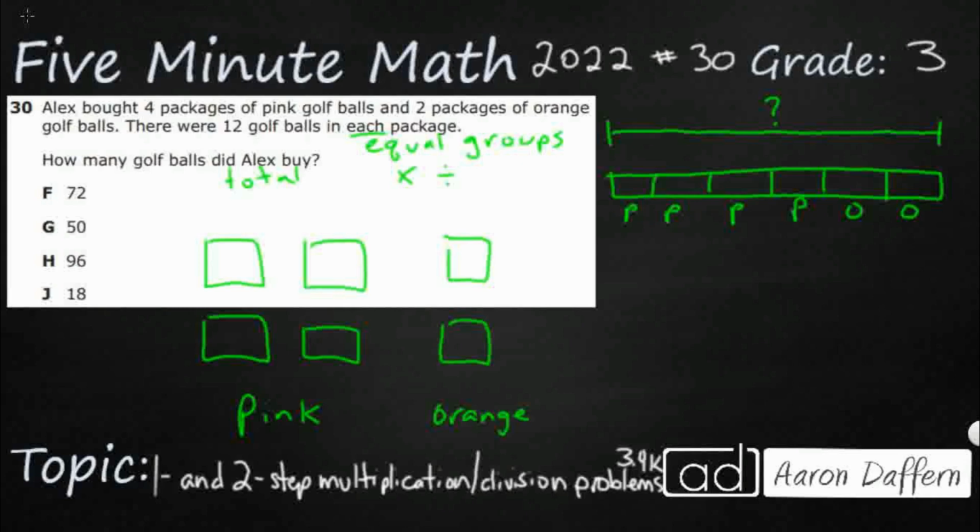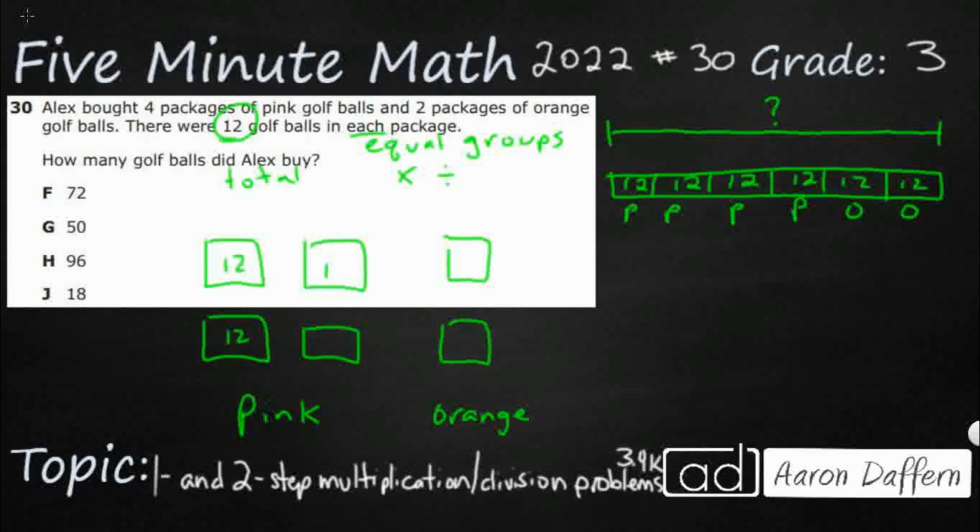Now, what we know, now that we've got our 4 pinks and our 2 oranges, there are 12 golf balls in each. So really, I'm just dealing with 6 sets of 12.